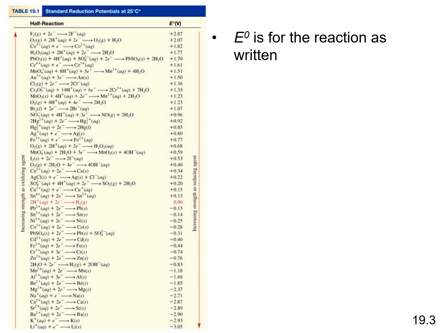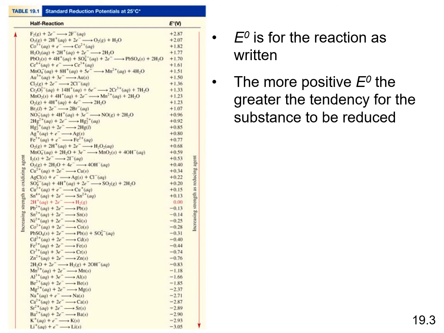table. If you look at the table, this is the potential for the reaction as written, meaning all of these are in reduction equations. So remember what I've said earlier, the more positive the cell potential, the more positive the reduction potential, meaning the greater the tendency for the substance to be reduced.